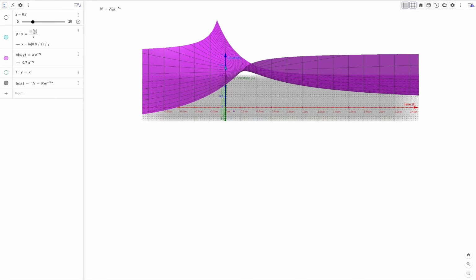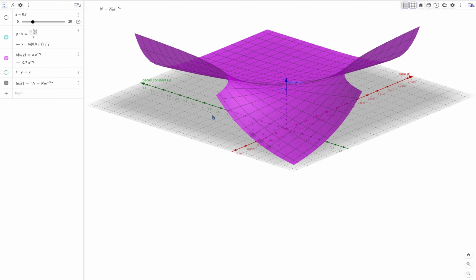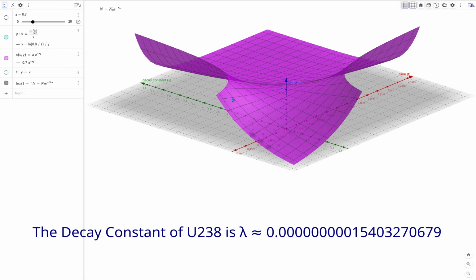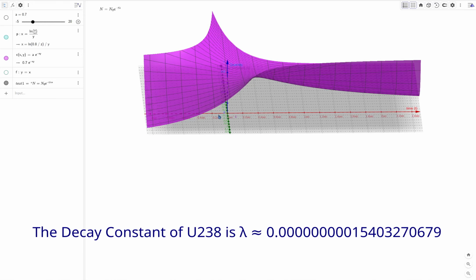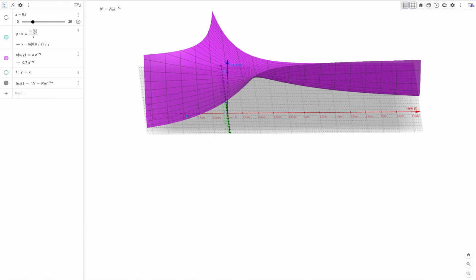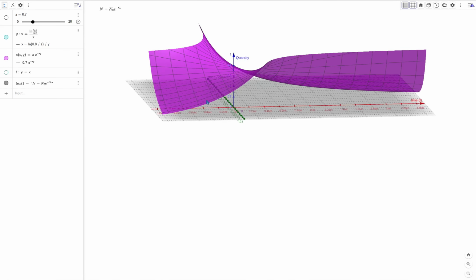I'm not quite sure what the decay constant of uranium is, but I can walk backwards and go, okay, where was it 1? Let's say for some random decay constant, it was here, and there we go.